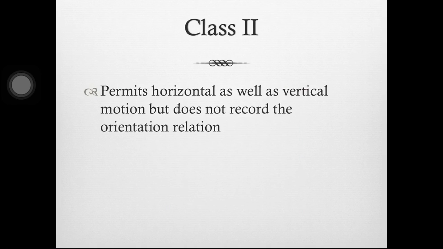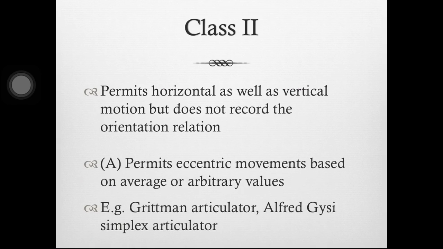Class 2 permits horizontal as well as vertical motion but does not record the orientation relation. We know that orientation relation is recorded with the help of a facebow. So class 2 does not accept a facebow record.